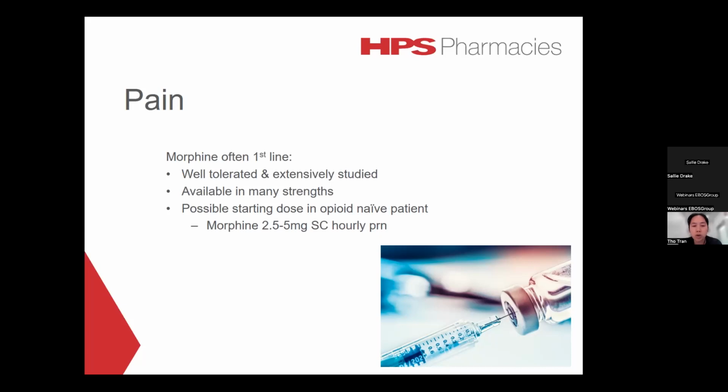Dosing will depend upon the patient's age, clinical condition, size, and history of opioid use. For opioid-naive patients, we usually start with 2.5 to 5 milligrams subcut hourly when required. We usually try doses at the lower end of the range for elderly or frail patients.